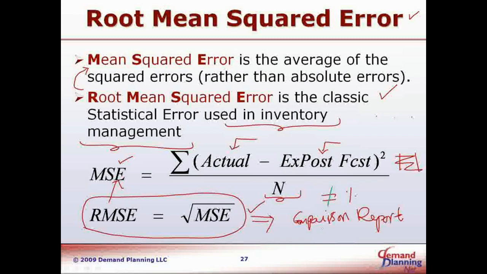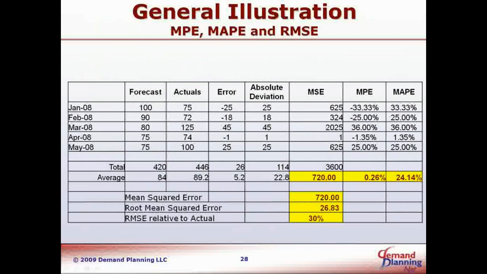Now, the only thing is this can also be used only with reference to a comparison of models, a comparison report. And that's the reason why you need to be able to look at the comparison report that compares all the last 20 models you did. That's the only shortcoming, because the root mean squared error is not a percentage number, whereas the MAPE and the MPE are percentage numbers.